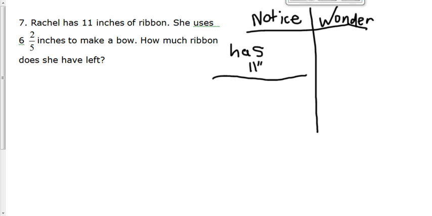In this 11 inches, she actually uses 6 2/5. So she's going to use 6 2/5.